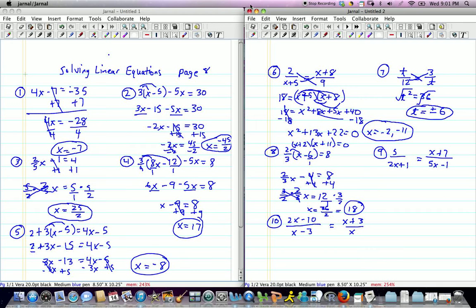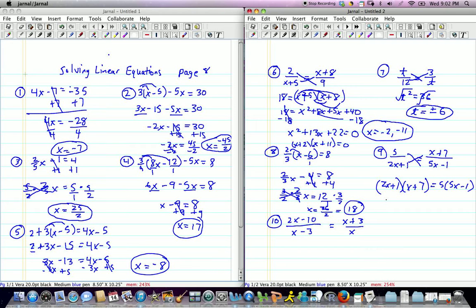Number 9, similar to the previous problems, cross multiply first. So I'm going to take these and multiply them out. I'm going to have 2x plus 1 times x plus 7, and I have 5x minus 1, so that's equal to 5 times 5x minus 1.